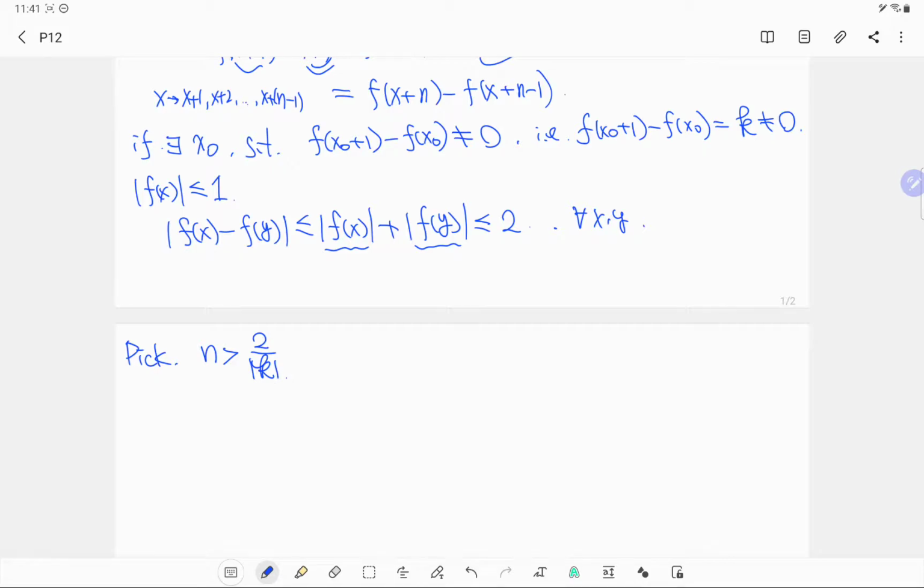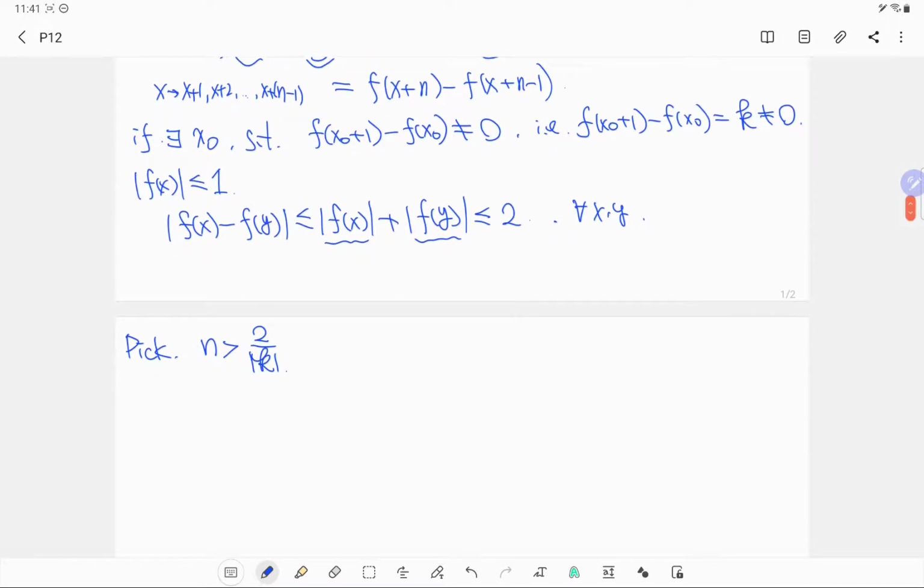Maybe k is a positive value or a negative value, but just pick n to be larger than 2 over |k|, and we will have f(x_0+1) - f(x_0). So this one plus f(x_0+2) - f(x_0+1).